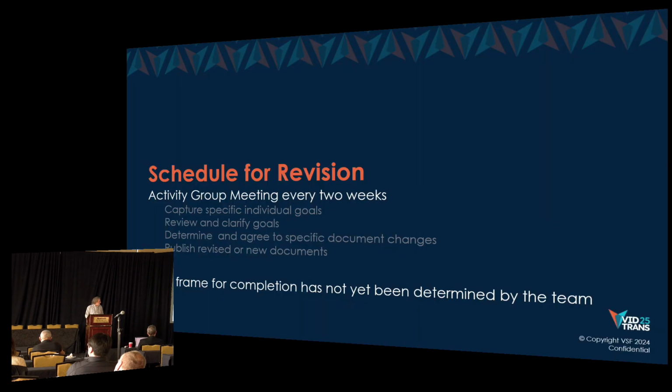So just an overview on our schedule. The activity group is going to meet every 2 weeks. We're right now trying to capture specific goals. Then we'll review those and clarify them and determine and agree on the document changes, and then publish revised new documents.